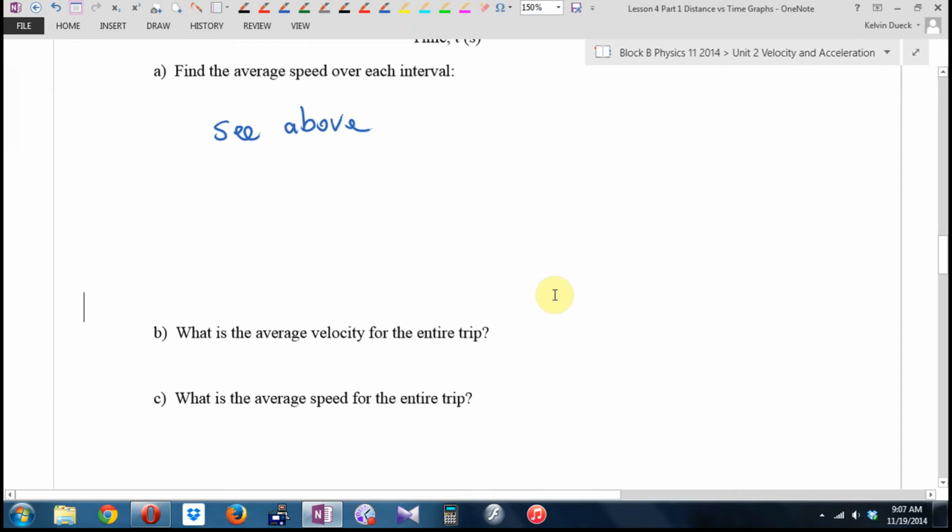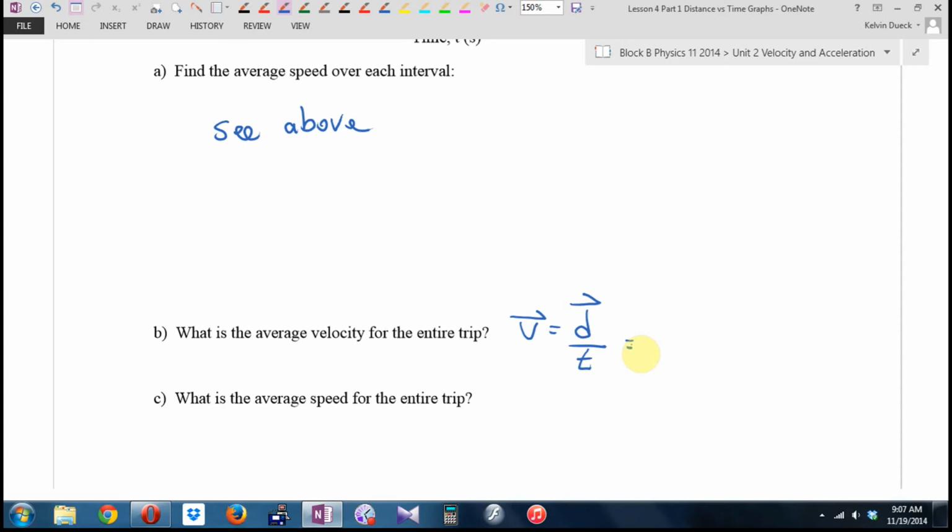What's the average velocity for the entire trip? Well, here's what we've said. We said velocity is displacement over time. What's my displacement? Where was I when I started? What was my position? 0. What was my position when I finished?